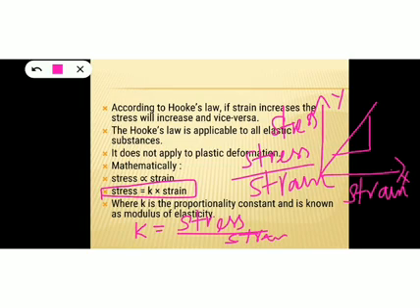So the ratio stress by strain is equal to K, that is modulus of elasticity. Hence the slope of stress strain graph gives us the modulus of elasticity K. So the Hooke's law graph will be a straight line for elastic substances, and the slope of stress strain graph gives us the value of modulus of elasticity.